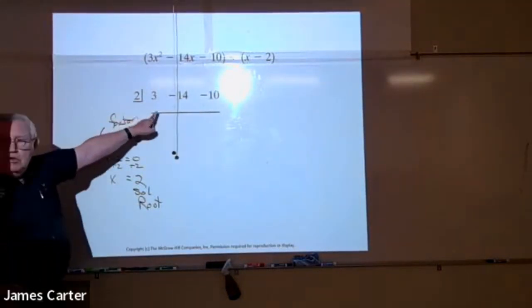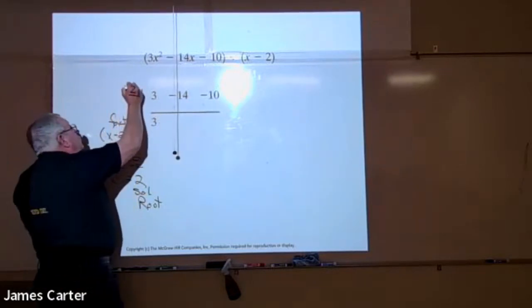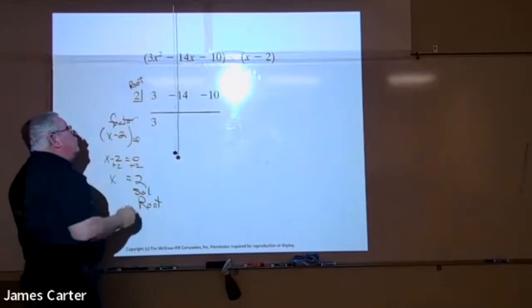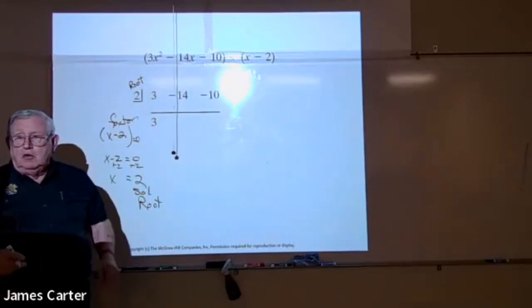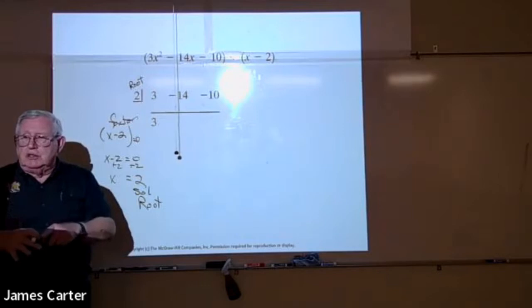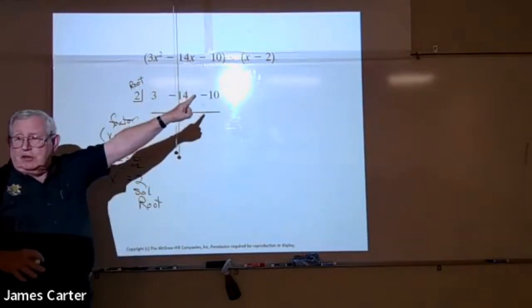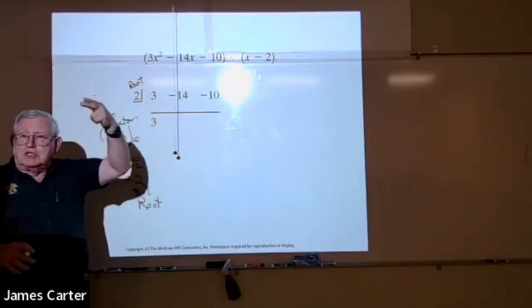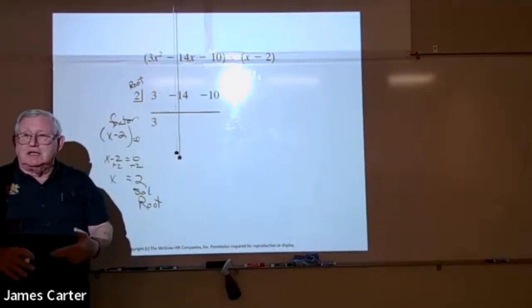In synthetic notation, we use the root when we divide synthetically. When we divide long division, we use the factor. When we do long division, it's a subtractive process.